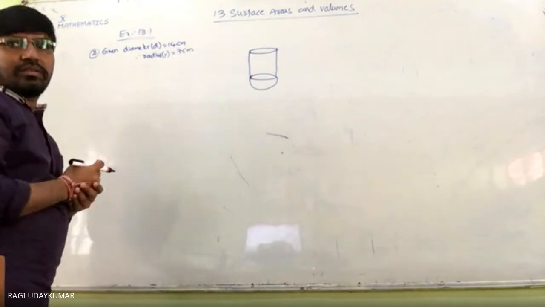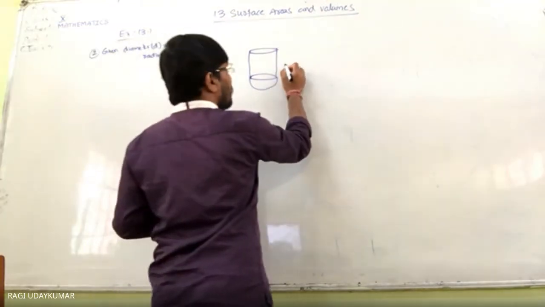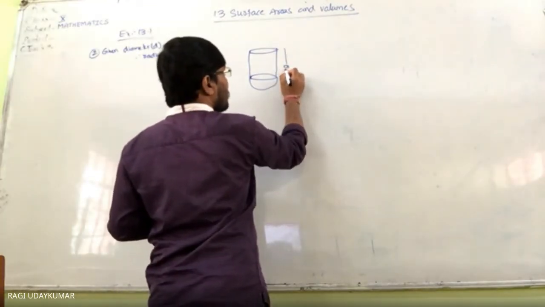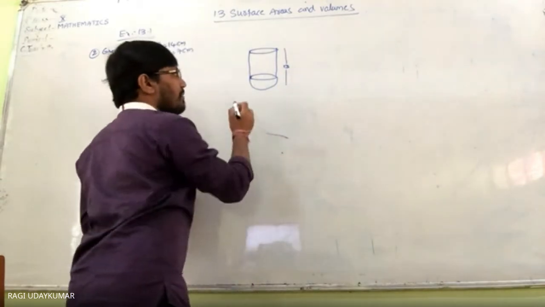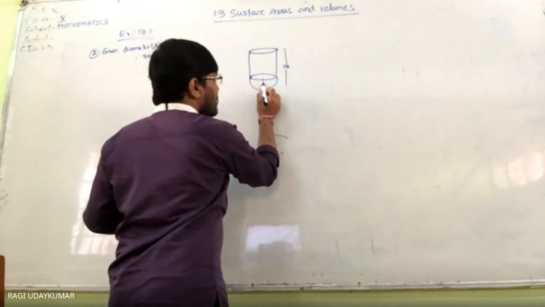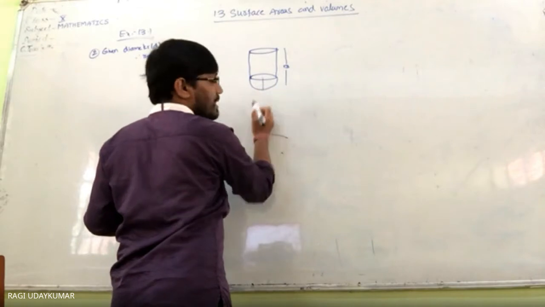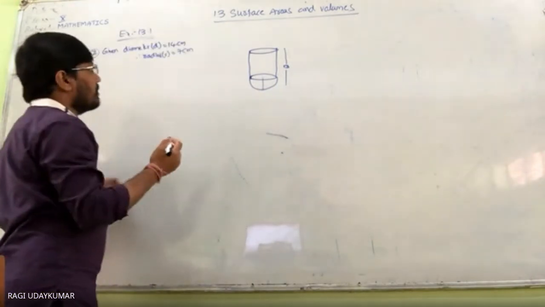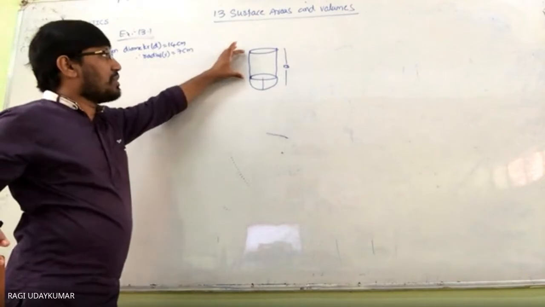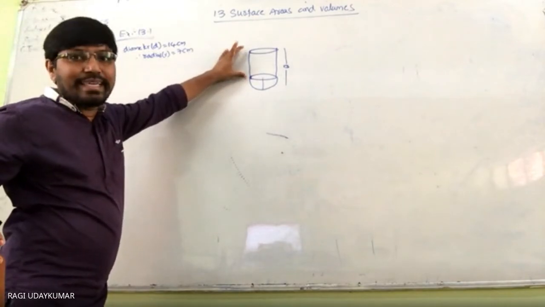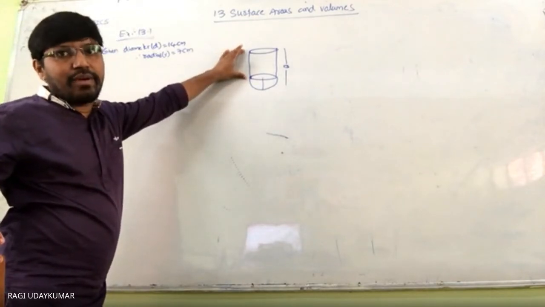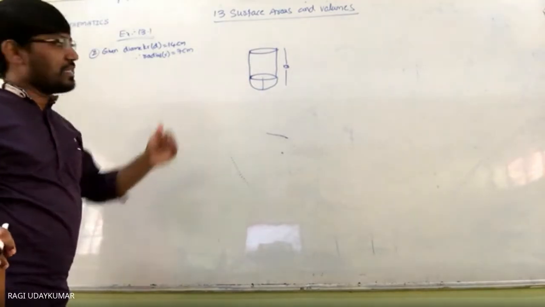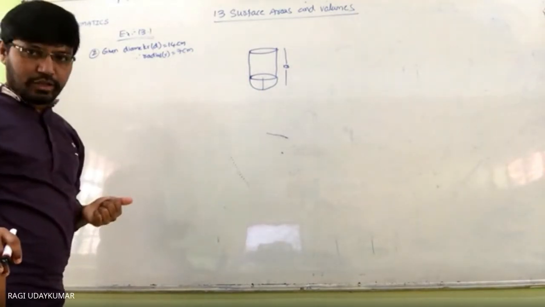Okay, and the total height of the vessel is 13 centimeters. It is given. Whenever you take the total height and subtract the radius, you are going to get the height of the cylinder. And find the inner surface area of the vessel. Inside surface area is what is asked.